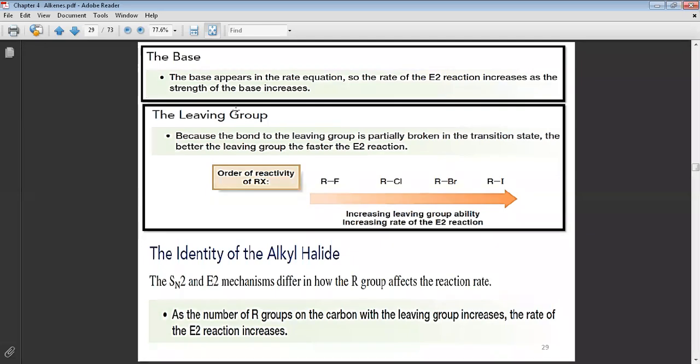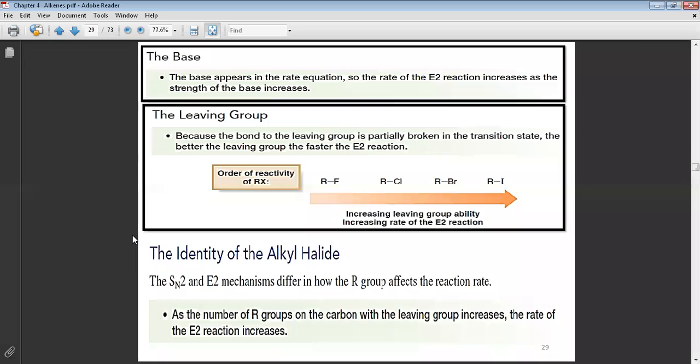Okay, he said here the SN2 and the E2 mechanisms differ in how the R group affects the reaction rate. Now, if you remember about the SN2, a more substituted alkyl halide, is it better or not better for the SN2 reaction?